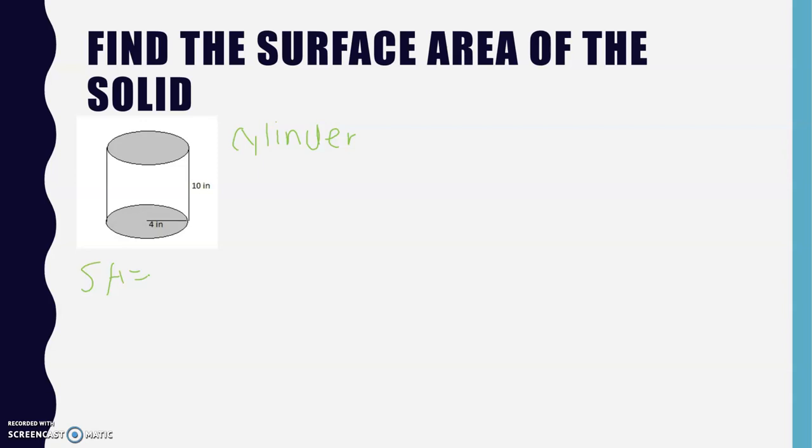So the first half of the surface area formula is 2 pi radius squared, and the radius is 4. And this one does give us the radius, so we don't have to take half of the diameter or anything like that. And then the second half after the plus sign is 2 pi r times the height. So 2 pi times the radius times the height, which is 10.